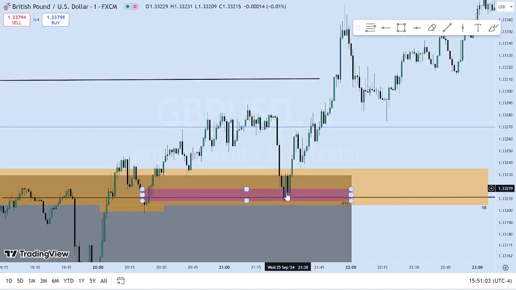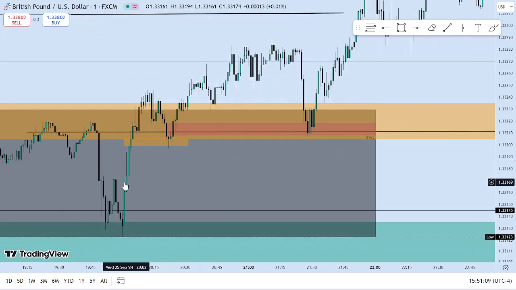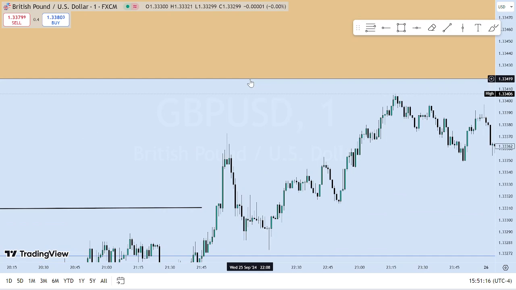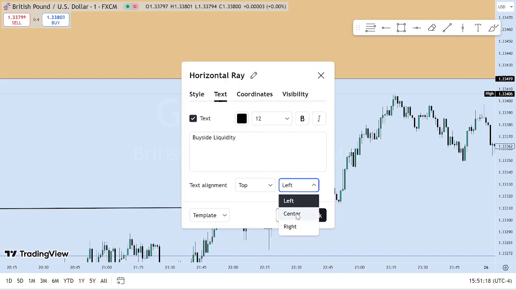Then you can enter here, then put your stop loss here. If you are scared, you can put your stop loss around here. Then here, take your profit at this buy side liquidity.